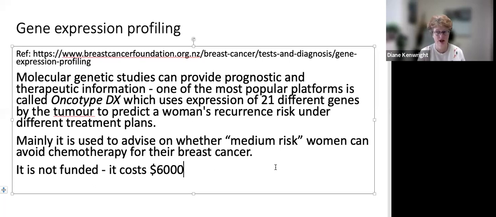Of course, many tumors, we know the recurrence risk is high already, so they don't need the test. It won't make any difference to whether they get chemotherapy. And we know that many tumors are low risk, they're turtles, we know that already. So it's used on this rabbit group of tumors, the medium risk group, to see which way it's actually going to behave, like slow turtle or bird.